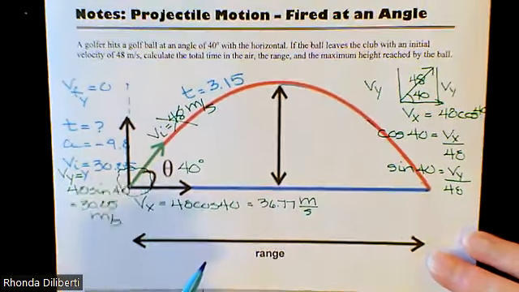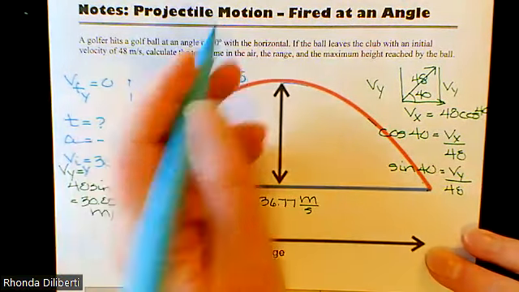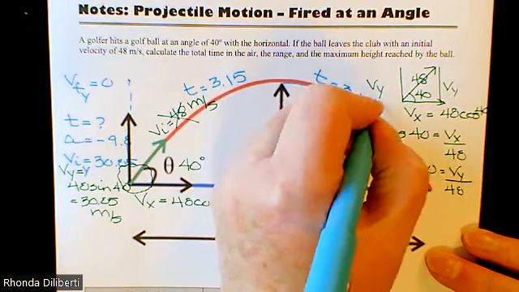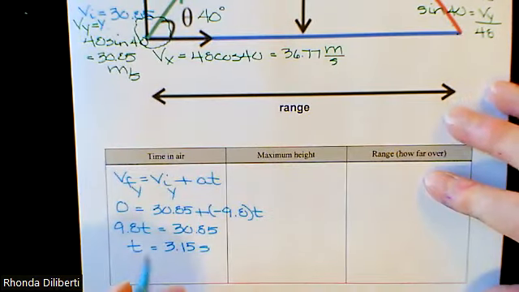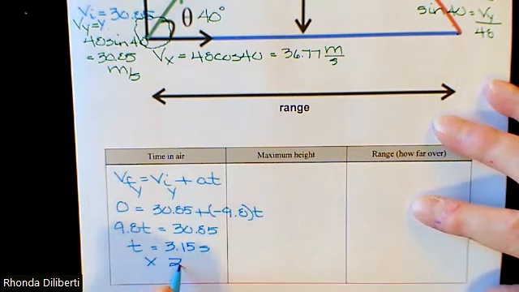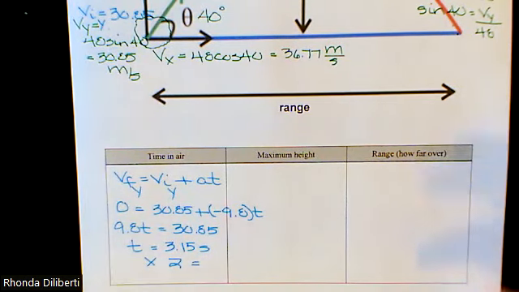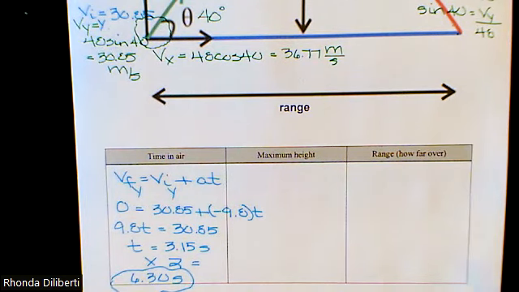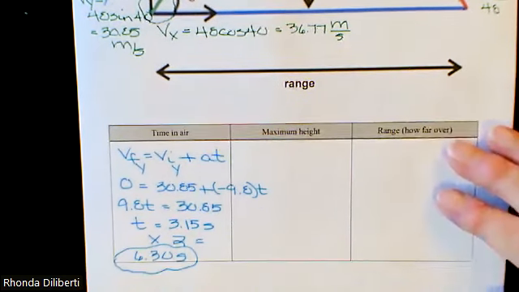So if it takes 3.15 seconds to go up, it's going to take 3.15 seconds to go down. So if the question is, how long is the ball in the air? I'm going to multiply by 2. And that's going to be 6.30 seconds. That's how long the golf ball is going to be in the air.